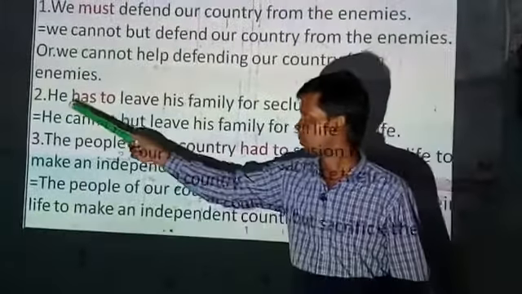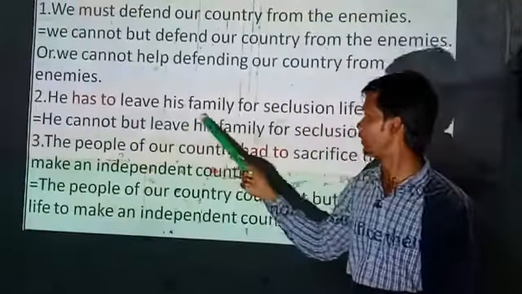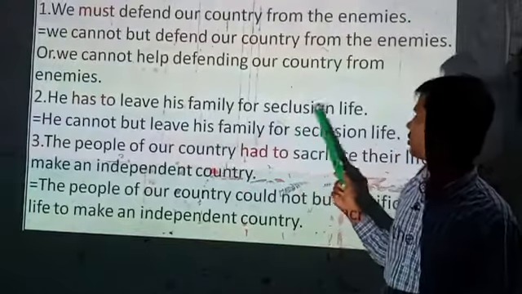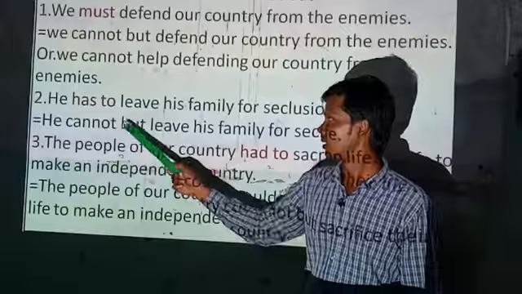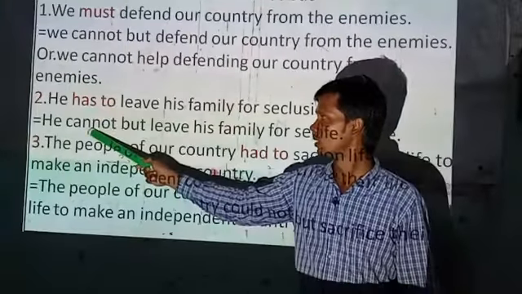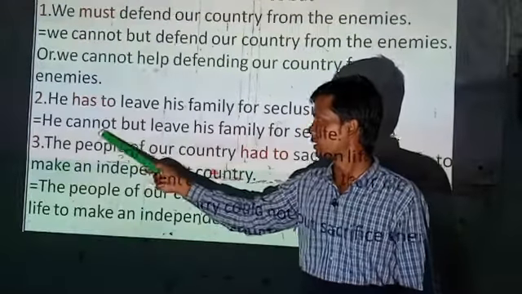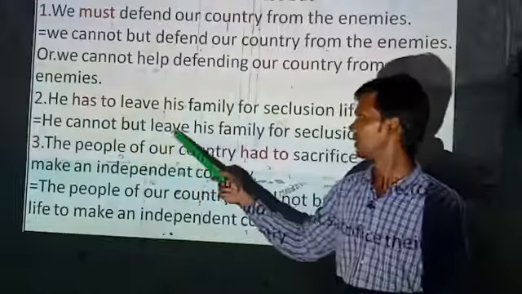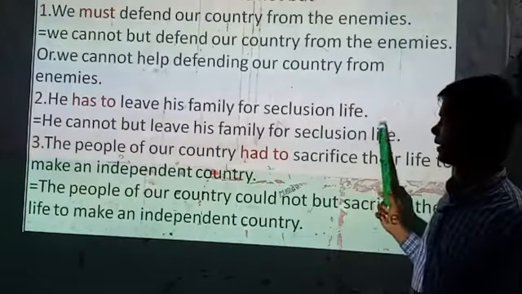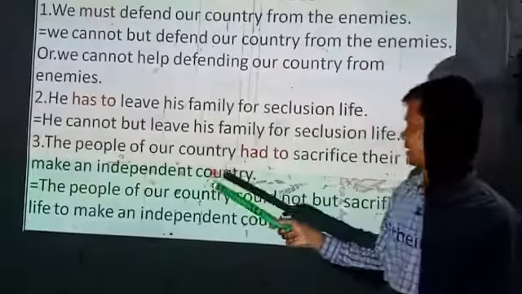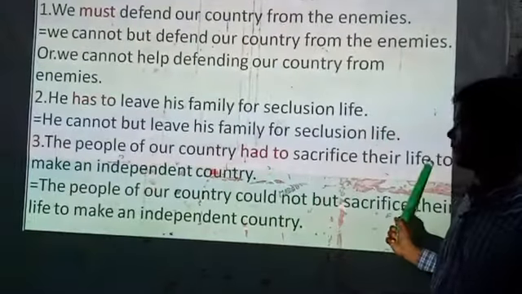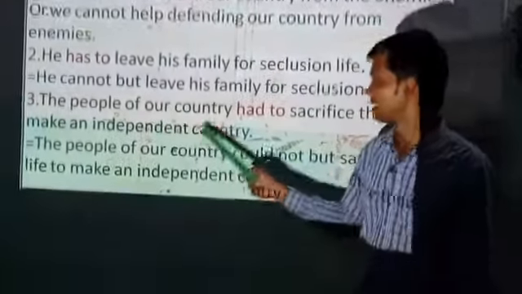Here is another example: He has to leave his family for seclusion life. In place of has to, we must write cannot but: He cannot but leave his family for seclusion life. Here is another example: The people of our country had to sacrifice their life to make an independent country.